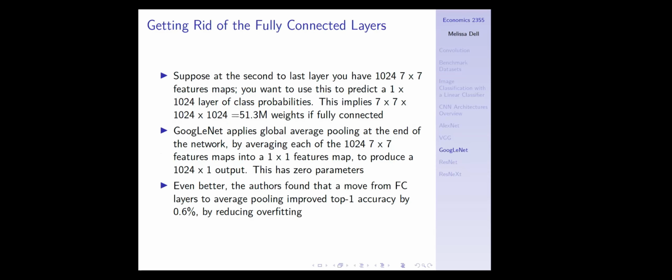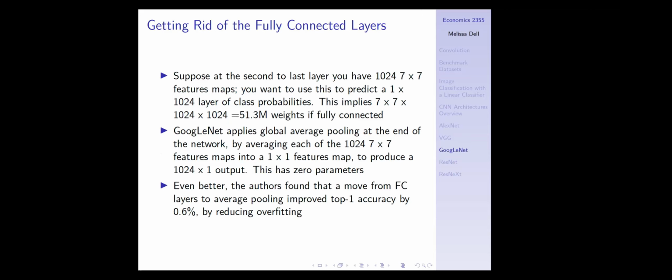Okay. The other important thing is it gets rid of the fully connected layers. Suppose at the second to last layer you had 1024 7 by 7 feature maps. And so essentially you've applied 1024 filters and you have all these feature maps.